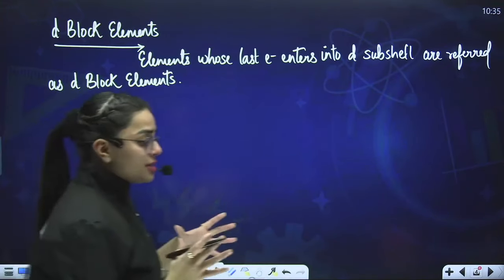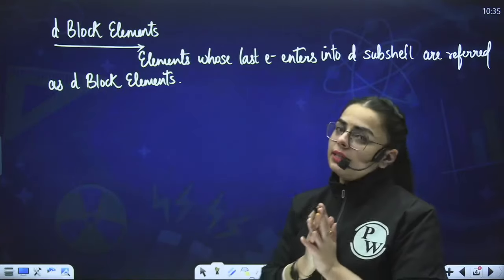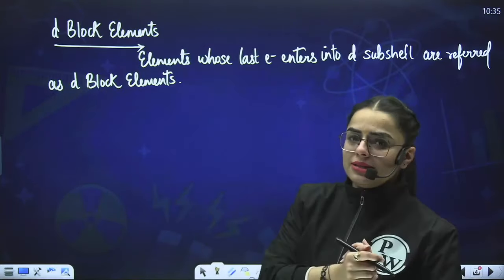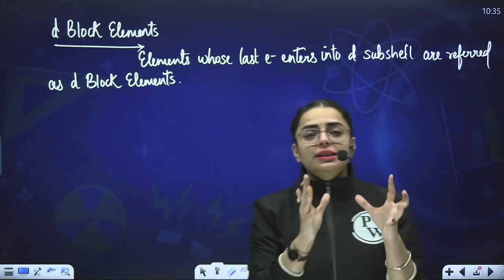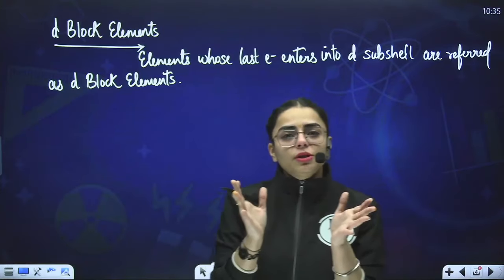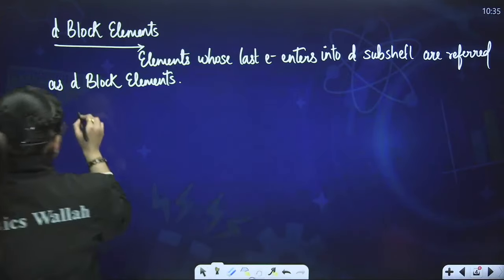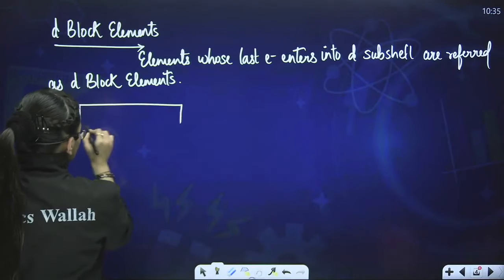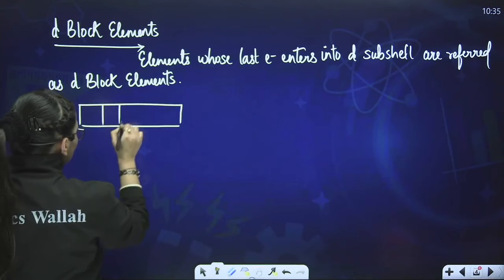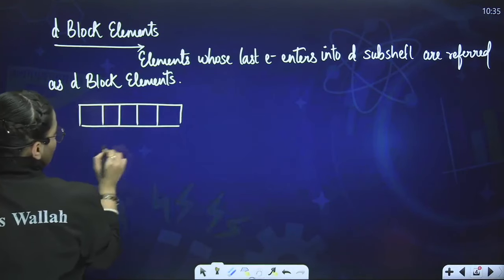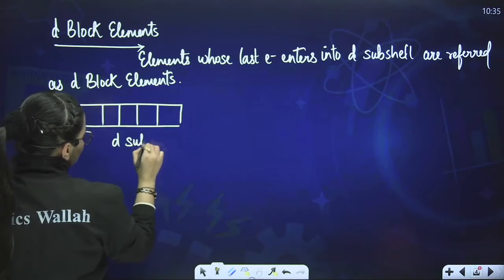Now students, my first question to you all: how many orbitals are present in the D subshell? It contains 5 orbitals. So how many orbitals are present in the D subshell? It is 1, 2, 3, 4 and 5. So this is basically the D subshell.